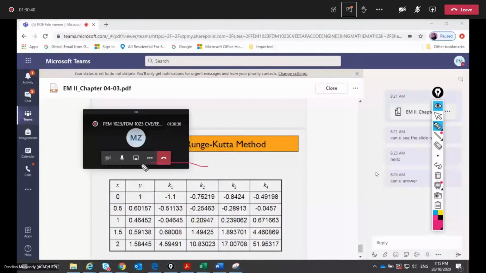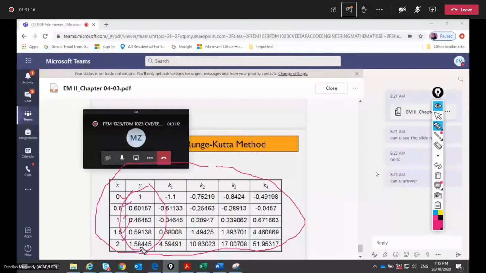You see the x from 0, and then 0.5, 1, 1.5, and 2. So these are the outputs. You can see the output starting from 1, decreasing, then a slight increase but still below 1, but later increasing.